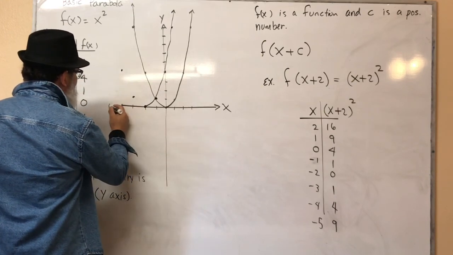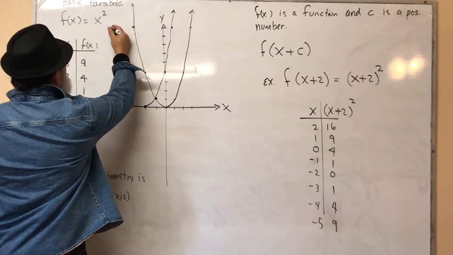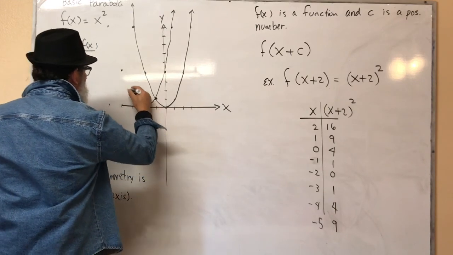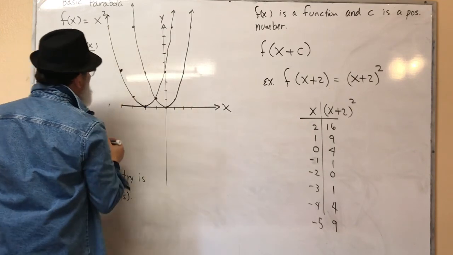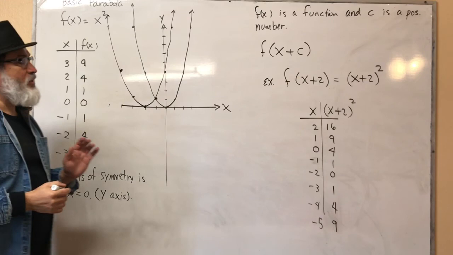If x is negative 5, what do we get? 9, approximately there. So look what happened. What happened?